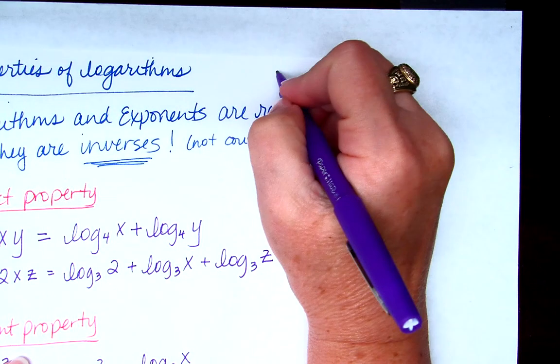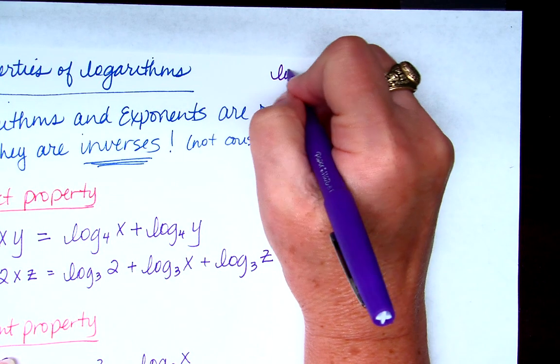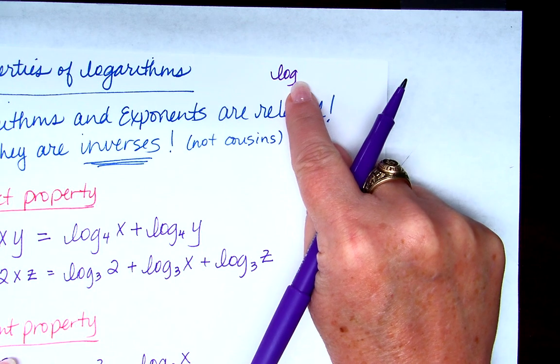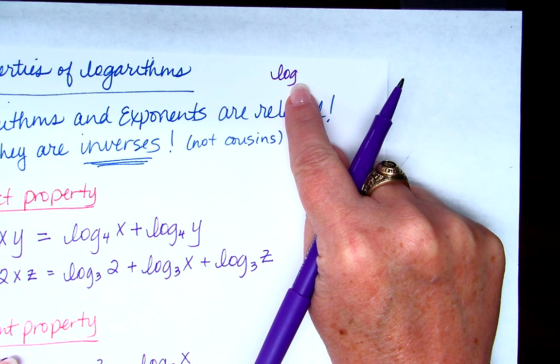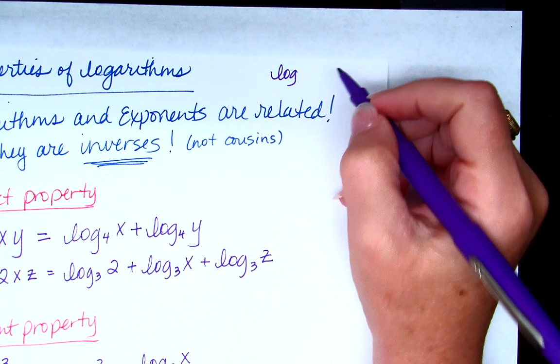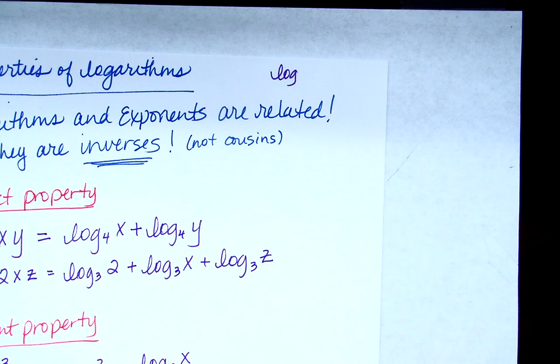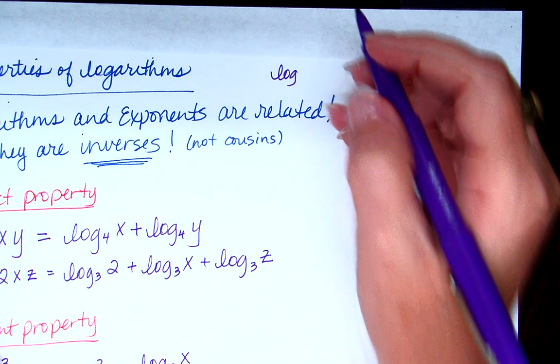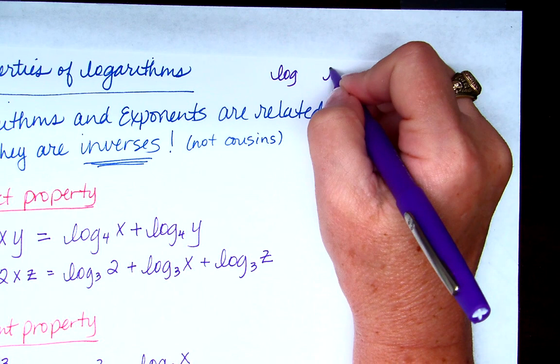On the very first day we talked about logarithms, we talked about if it just said log with no base, what is that base? 10, right? We don't write it because that's the common log, the most common, so we just leave it log. Well, there's another log that's very often used, widely used, and that's this one.